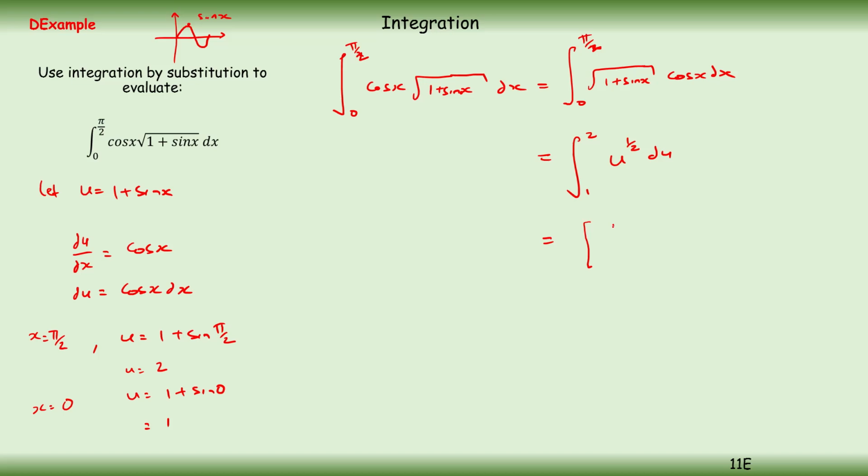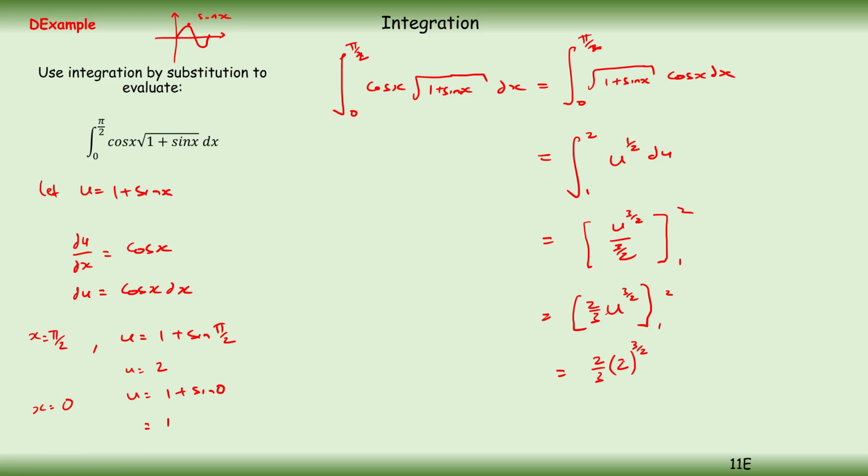So now I can integrate. Add 1 to the power, so it's going to be u to the power of 3 over 2 divided by 3 over 2 from 1 to 2, which is equal to 2/3 of u to the power of 3 over 2 from 1 to 2, which is equal to, subbing in, that'll give me 2 over 3 times 2 to the power of 3 over 2.